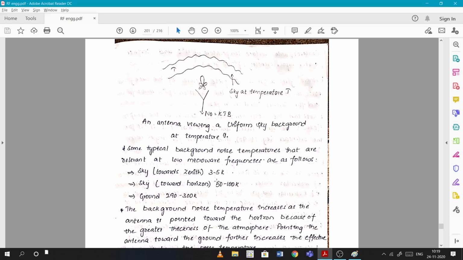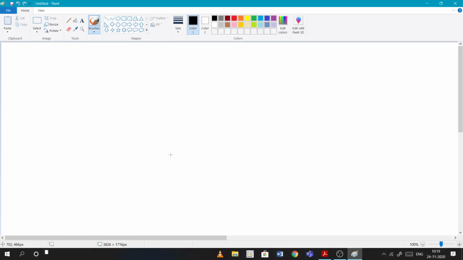Basically the environment can be classified in three ways. One is the sky, when we are pointing the antenna towards zenith. If you take a hemisphere and you are at the center looking at the top, that is called zenith.